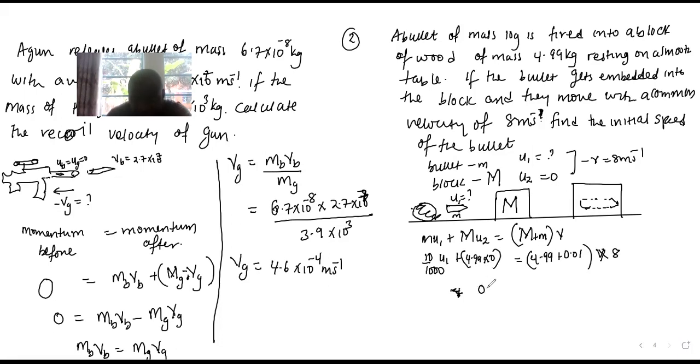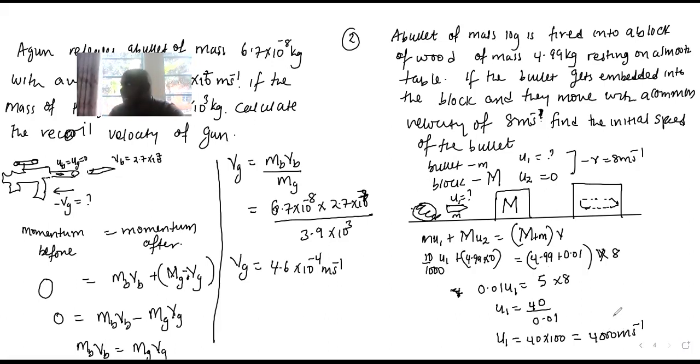Therefore, 0.01 U1 is equal to 5 times 8. So U1 is 40 divided by 0.01, which is 40 times 100. The answer is 4,000 meters per second as the initial velocity with which the bullet would have been fired.